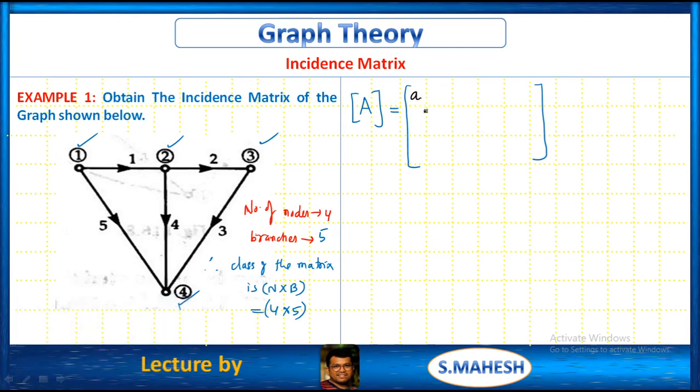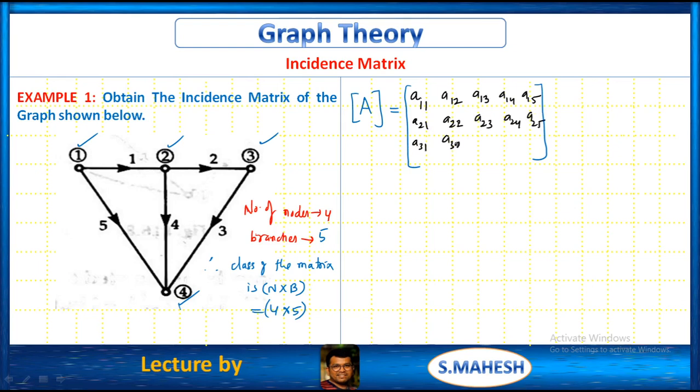First row: A11, A12, A13, A14, A15 completed. Like that, A21, A22, A23, A24, A25 completed.